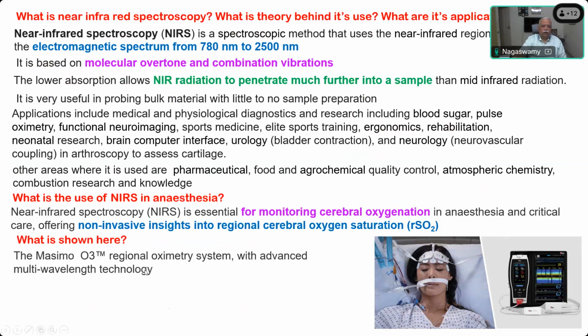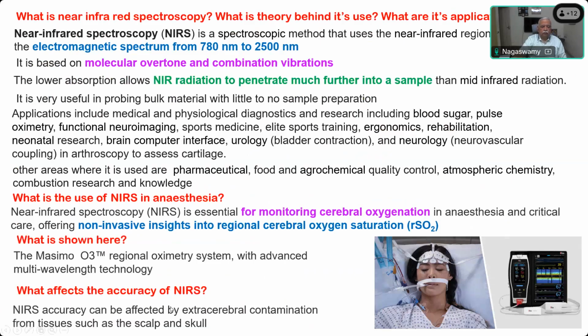What is shown here is the Masimo O3 regional oximetry system. With advanced multi-wavelength technology, extracerebral contamination from tissues such as scalp can affect the NIRS accuracy. But it's already in the market, and can be used to assess the oxygenation of the brain.